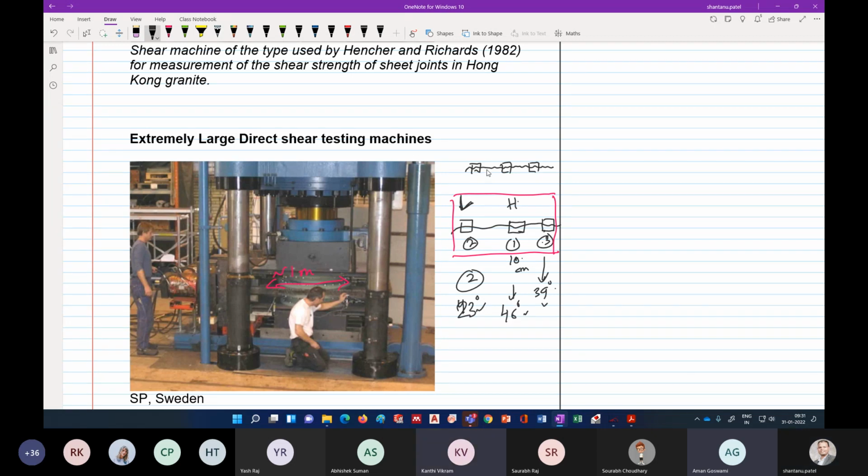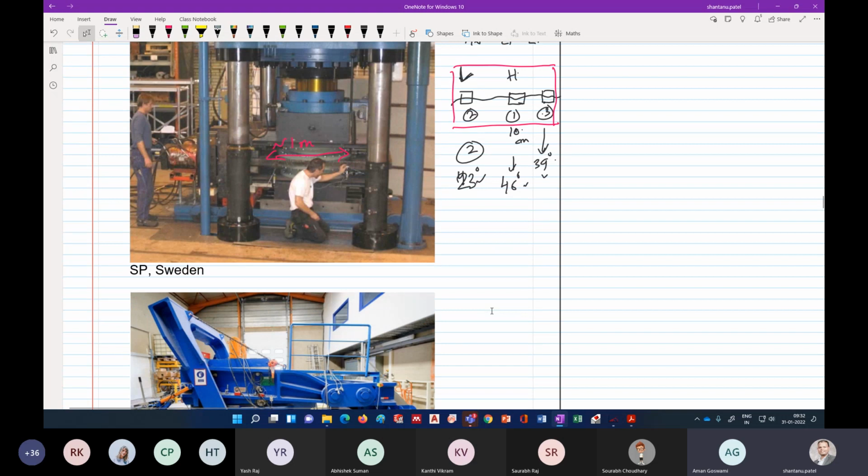So in that case, we can use the previous one. But if it is varying and different, you cannot take an average of this, right? And how many samples will you get? So that's why we take a bigger sample to accommodate everything and get a better result.